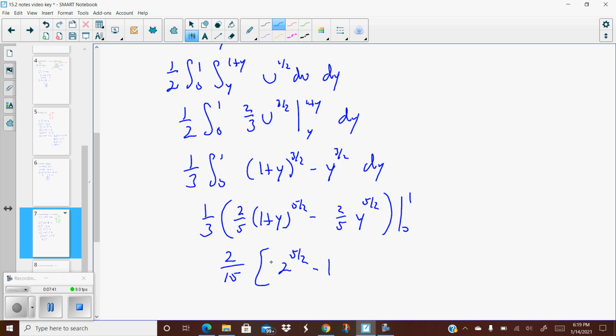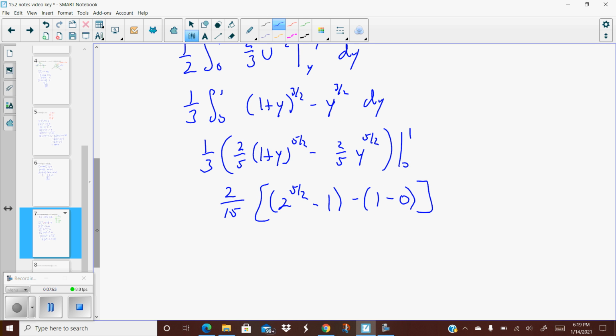And plugging 0 in is going to give me 1 to the 5/2 power, so that's just 1, and then nothing. So it looks like we're going to get 2/15 times 2 to the 5/2 minus 2. Right, minus 1 minus 1, yeah, minus 2.